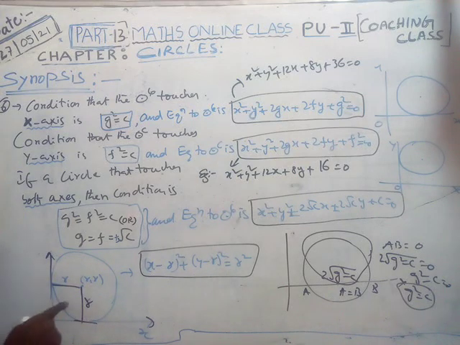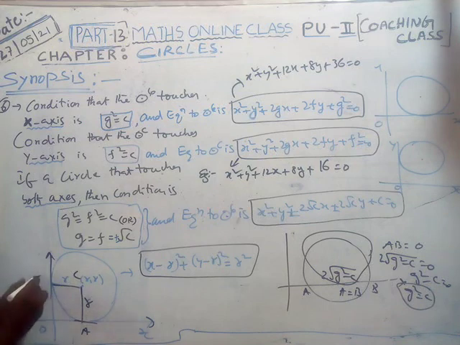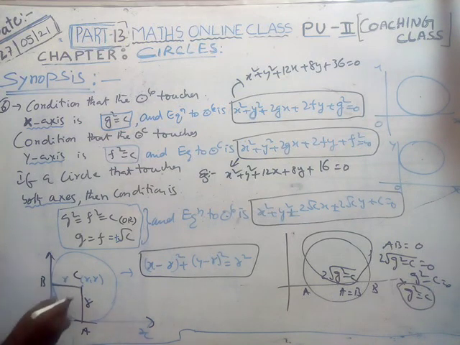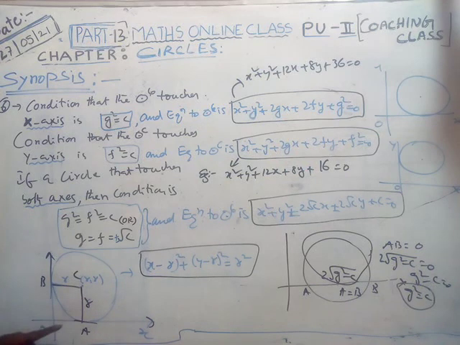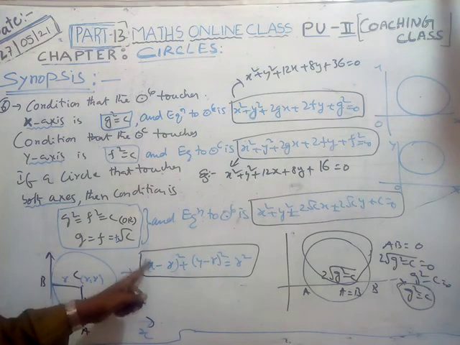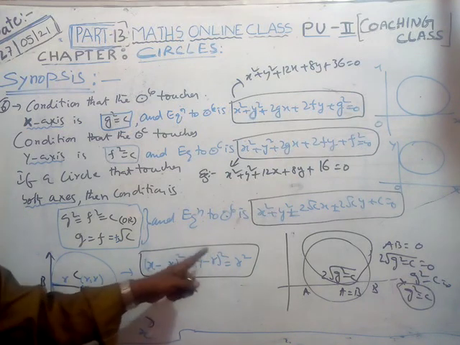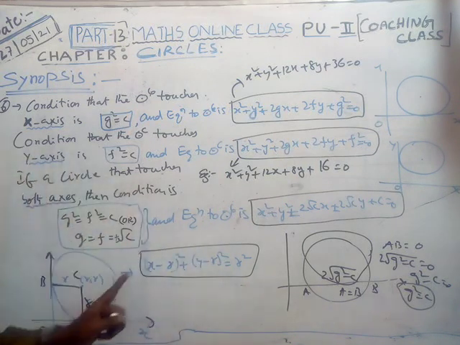So the radii CA and CB are the same. If you take the radius r, then the center is r comma r. So the center is r comma r and the radius is r. So we may write the circle equation as x minus r whole square plus y minus r whole square is equal to r square. Like this, you will take it.